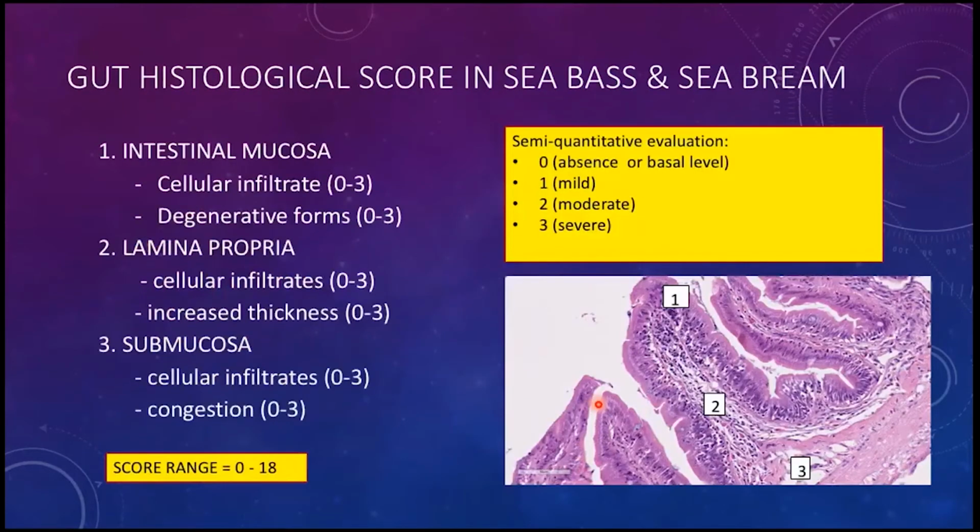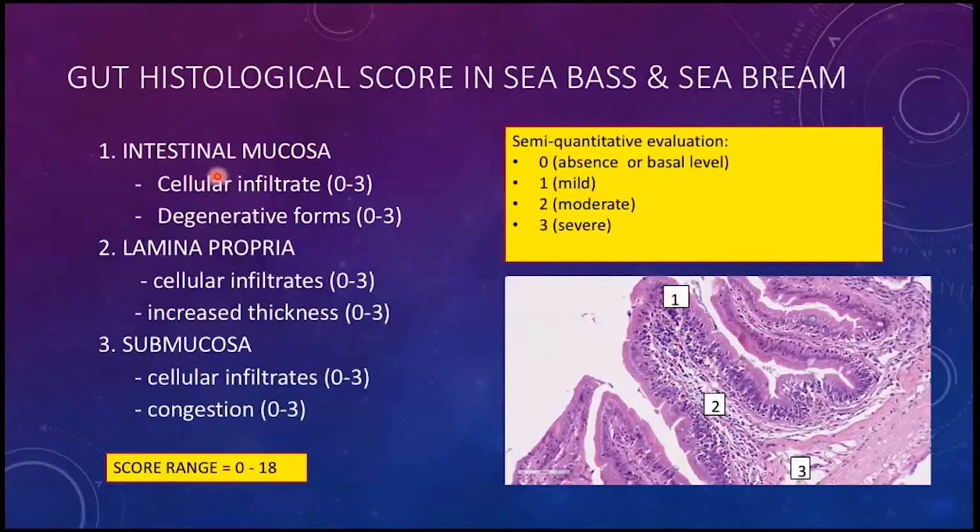Keeping this in mind, and keeping in mind what we have just said a couple of slides ago about the structure of the intestine, we take three regions of interest: the mucosa, the lamina propria, and the submucosa. And we establish two parameters for each of these areas, and basically we give them a score.